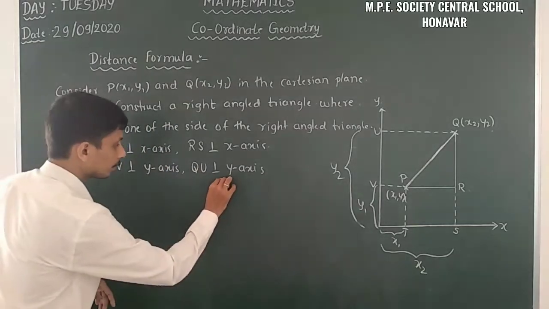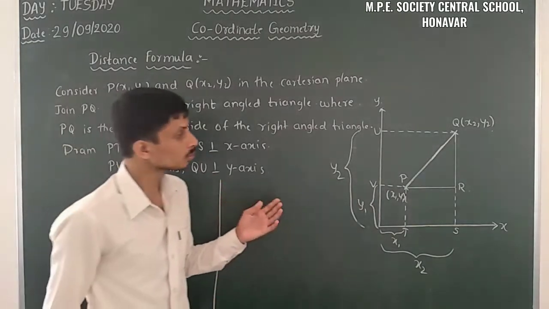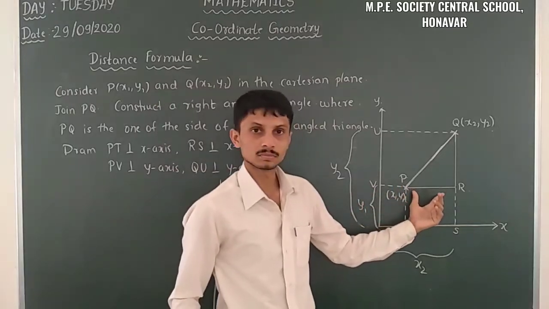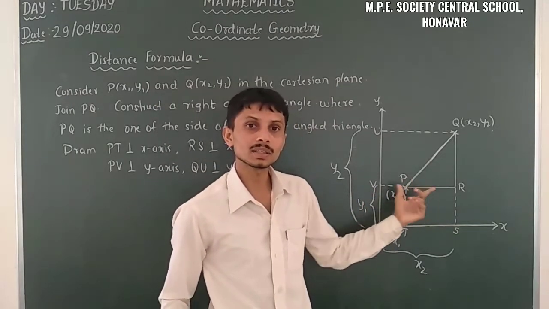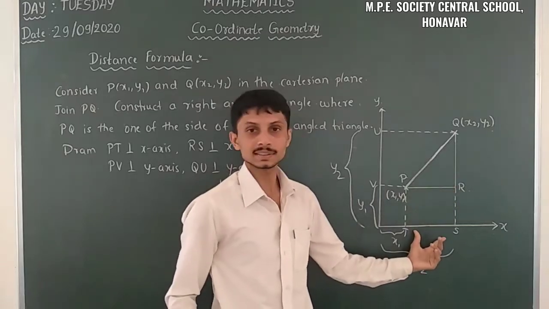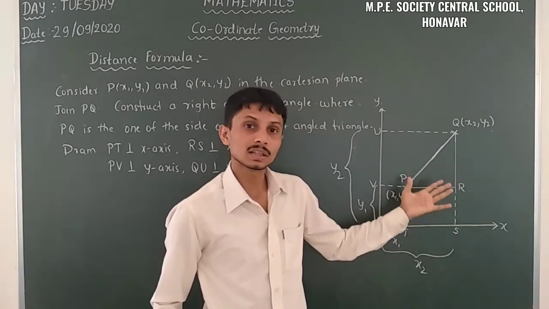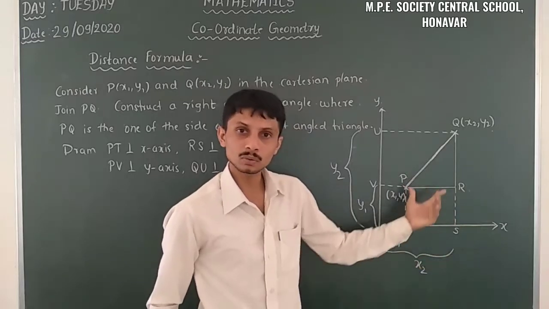Yes, so here I will use this blackboard. Firstly we have to know about PR. Here we want the distance between P and R. PR can be written as TS. PR and TS are the same because in a rectangle the opposite sides are equal.